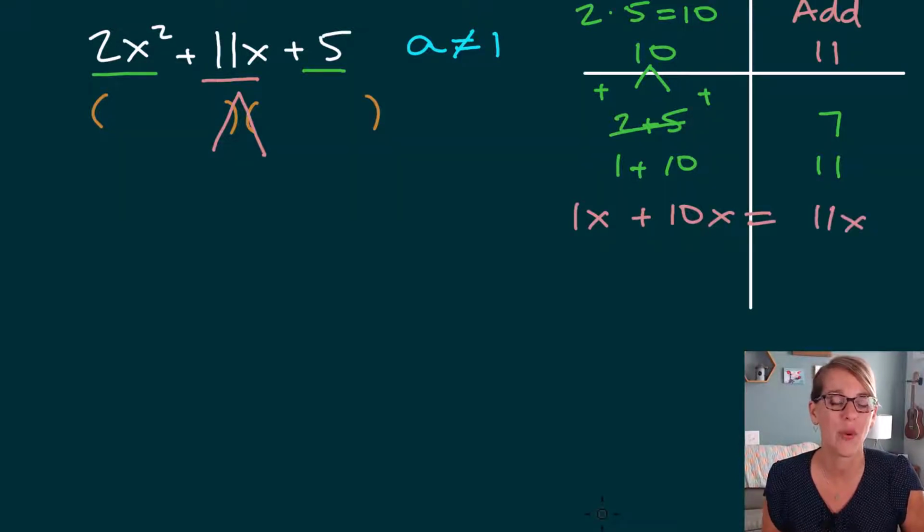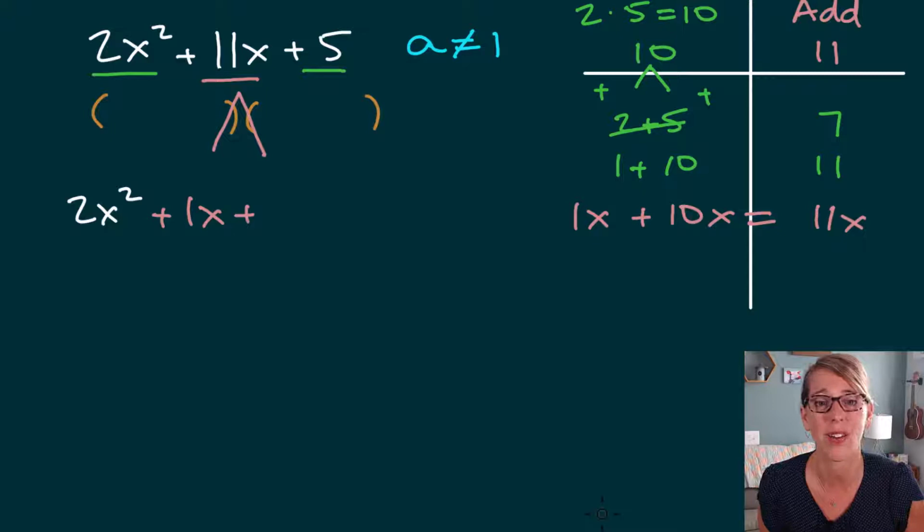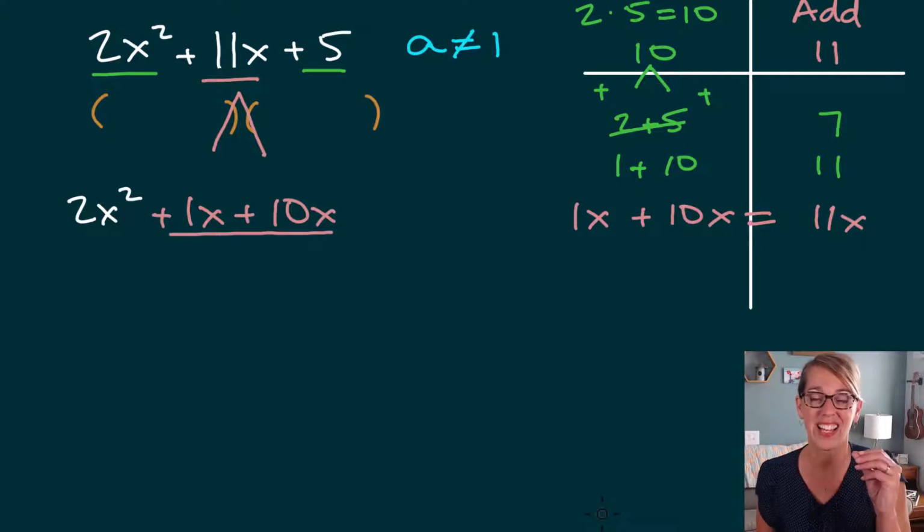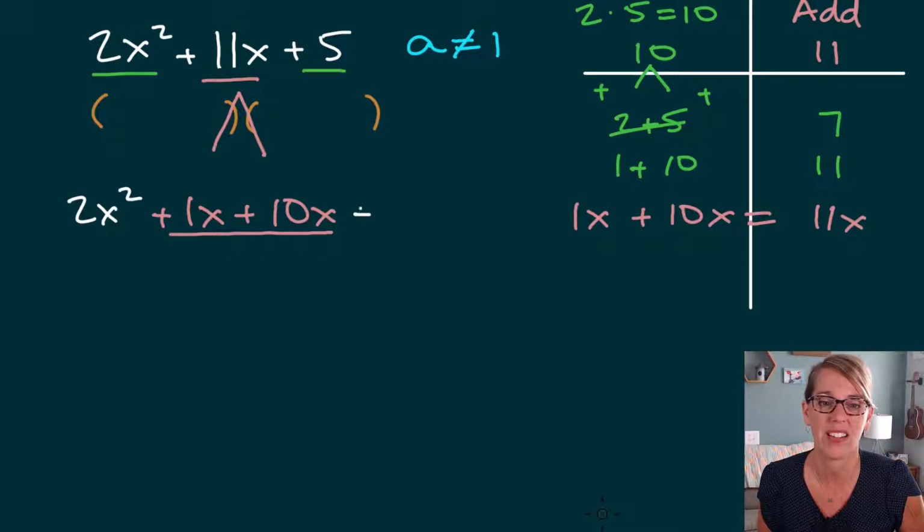Let's go ahead and rewrite what we've got right here. So I'm going to bring the 2x squared down, and I'm going to split up the 11x into plus 1x, and you can honestly write this in either order. It works out every single time. And then I'm going to do the 10x. Okay, so there is the 11x just split up, and then I want that plus 5 in the end.